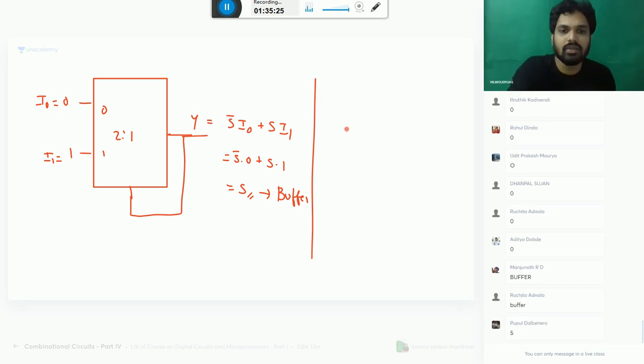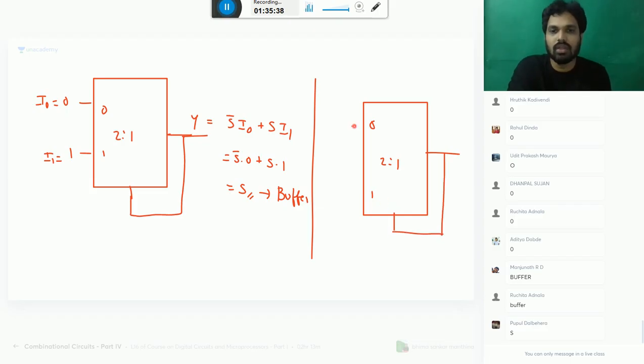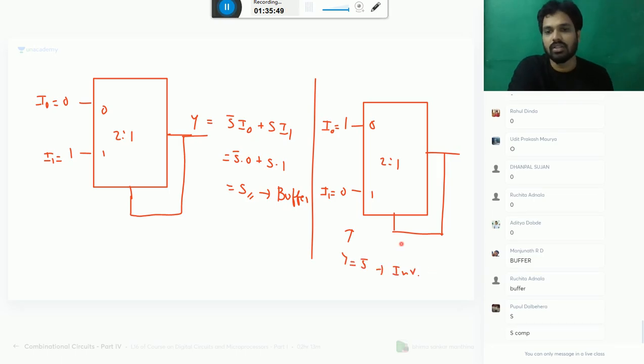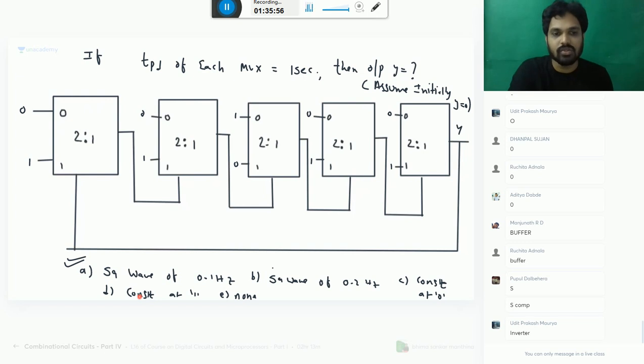But if I make something like this, here 1, here 0, that is I0 equal to 1, I1 equal to 0. This is Y equal to S bar. This is what we call an inverter. This is an inverter, this is a buffer. You should understand the difference. Okay. So originally what I want to give is this question.